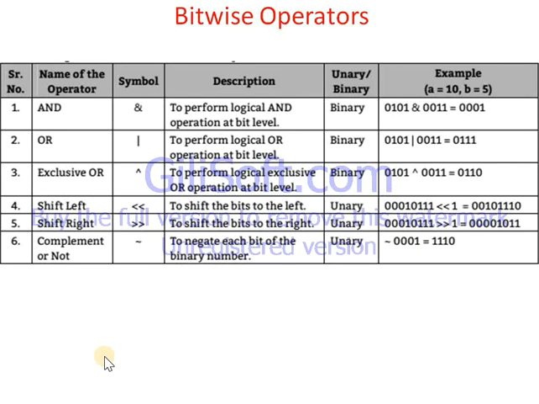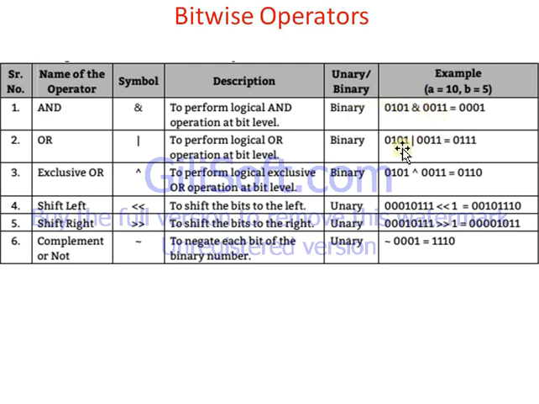Next one is the bitwise operator. Bitwise operators in C++ are referred to testing, setting or shifting the actual bits in the byte or word which correspond to the character and integer data types and variants.